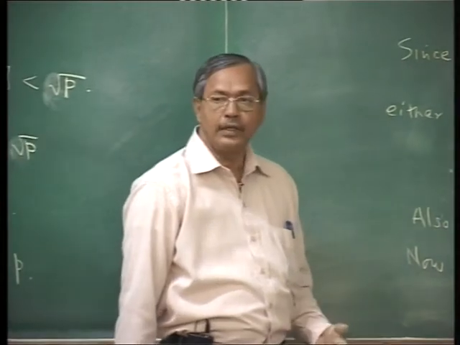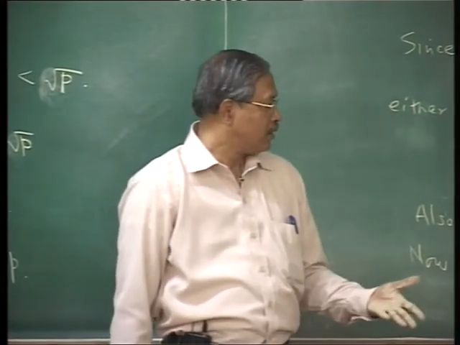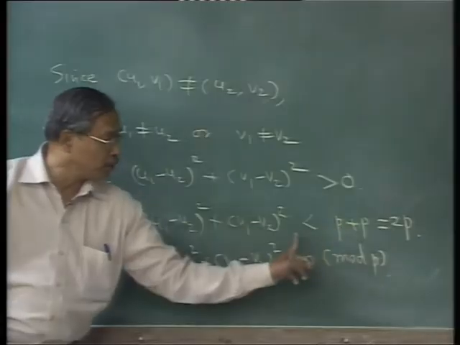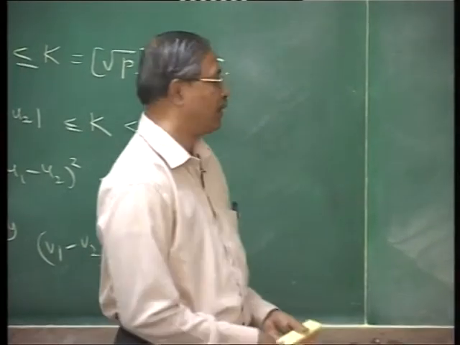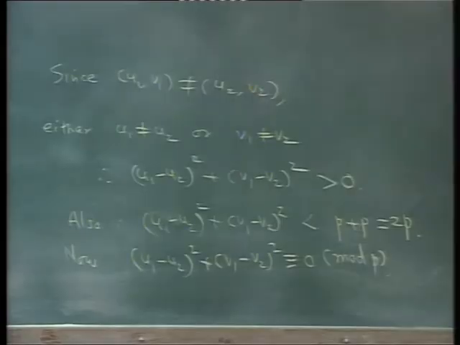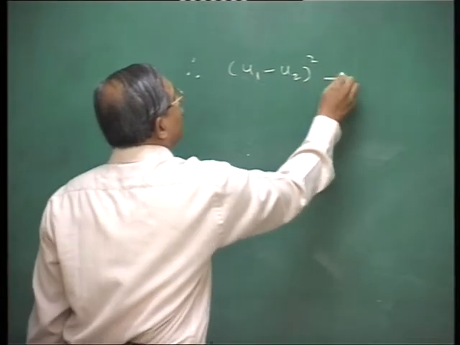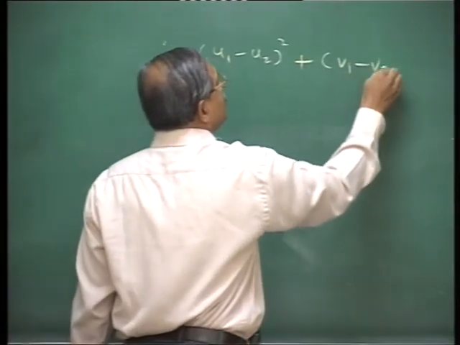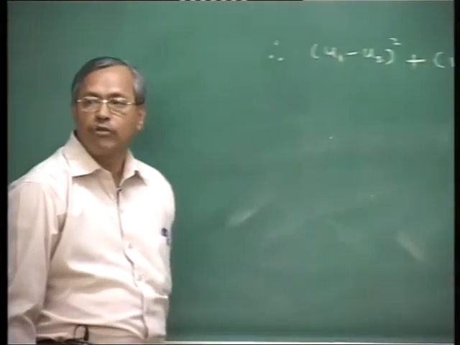Divisible by p, it is p, 2p, like that, but it cannot be 2p or more, because it is less than 2p already. Also it is bigger than 0, so it has to be p. That is the only thing left. Therefore (u1 minus u2) square plus (v1 minus v2) square must be equal to p. That is what you wanted.